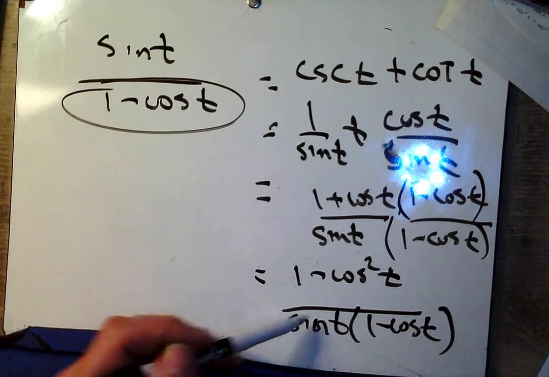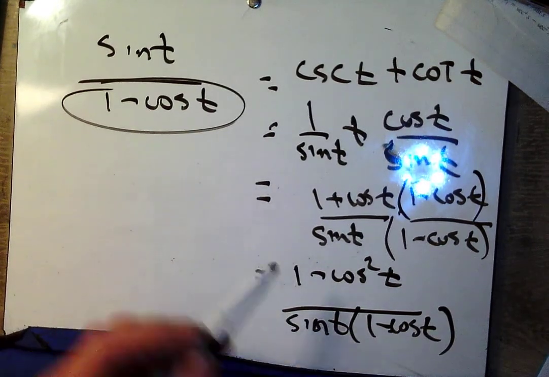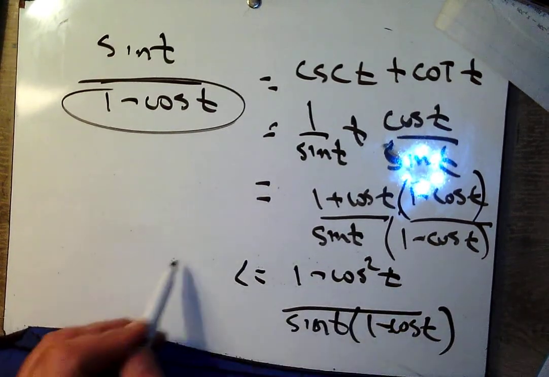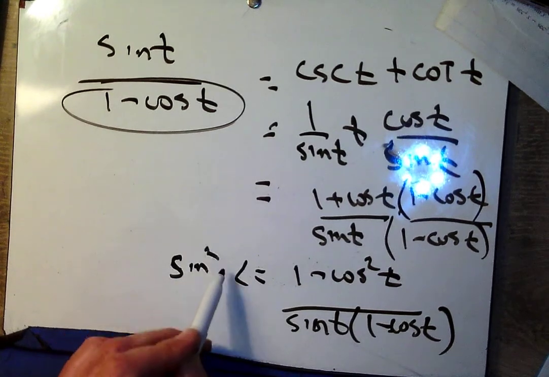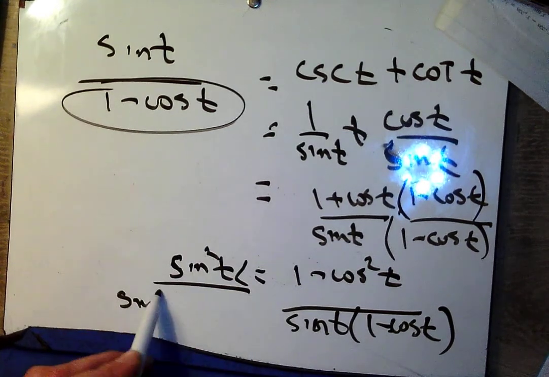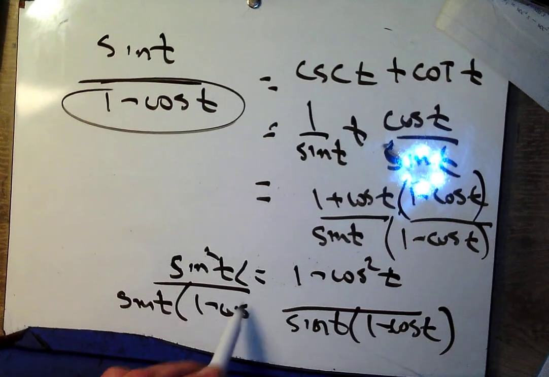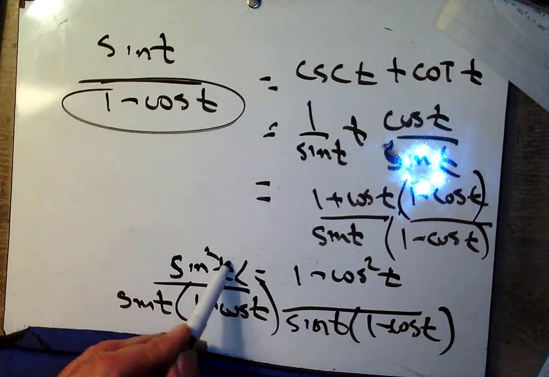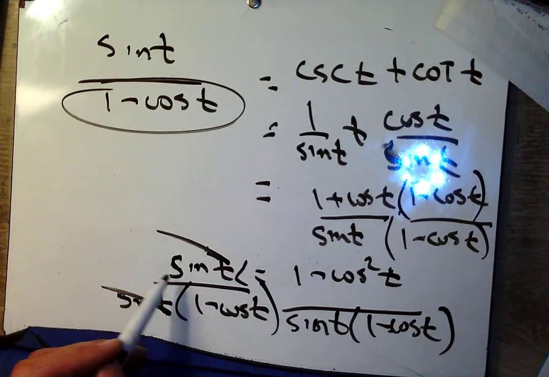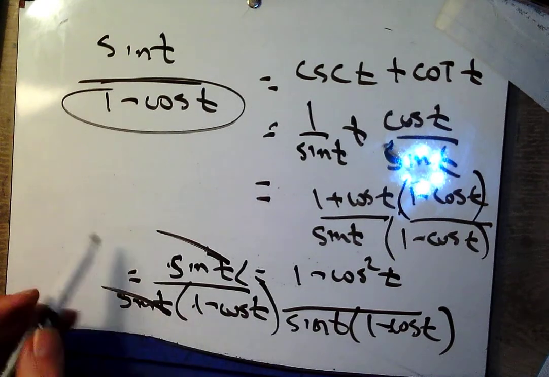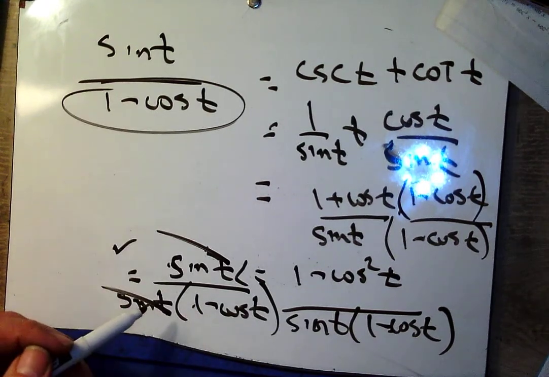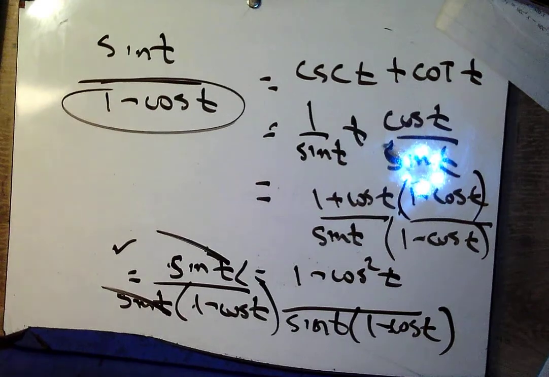Again, I'm resisting the temptation to distribute. Why? Because 1 minus cosine squared is sine squared. And so that cancels that, and now I have sine over 1 minus cosine. So I can certainly work that side.